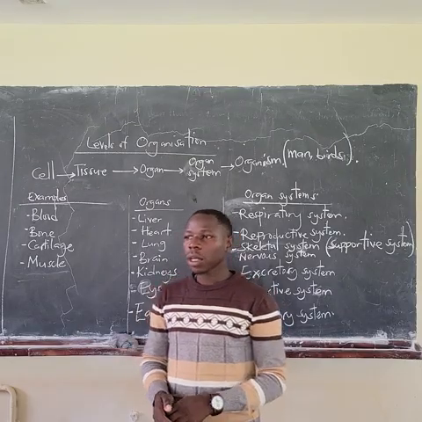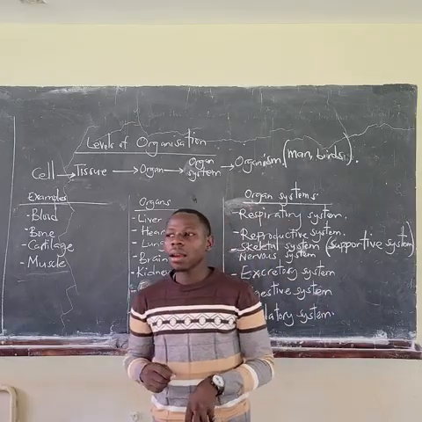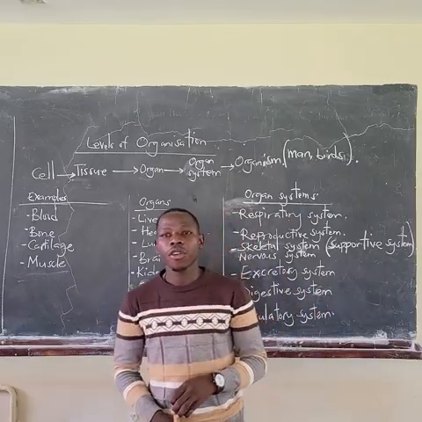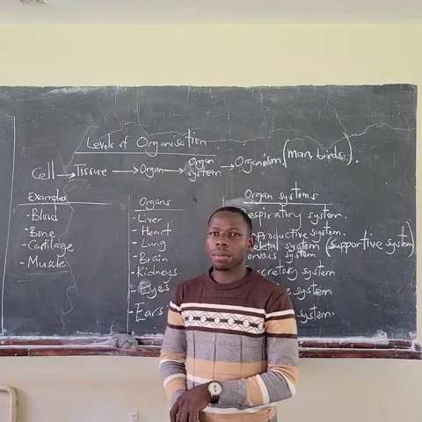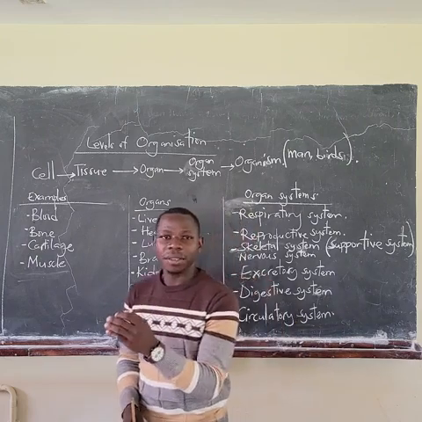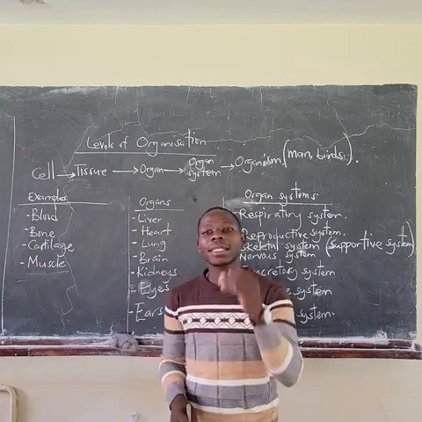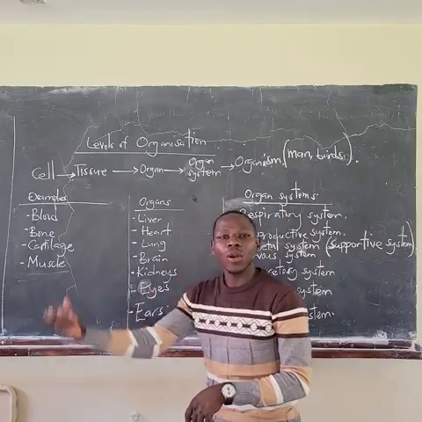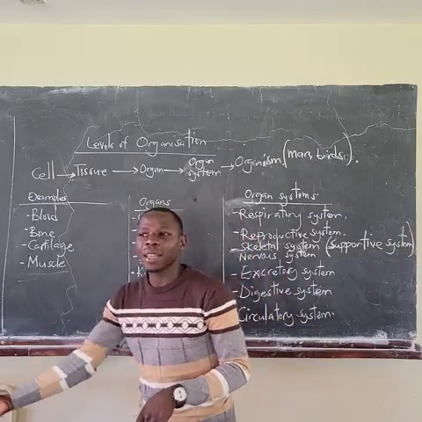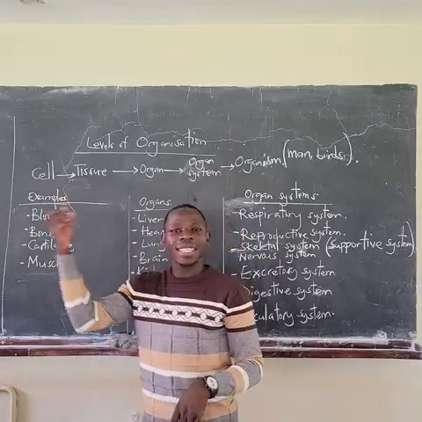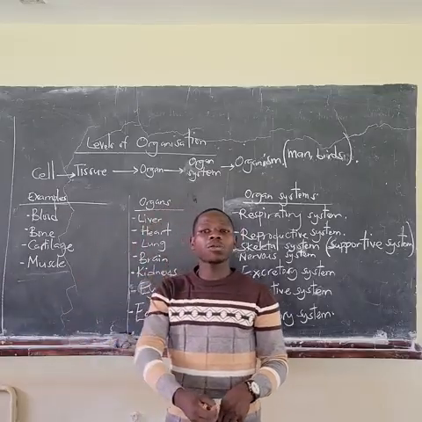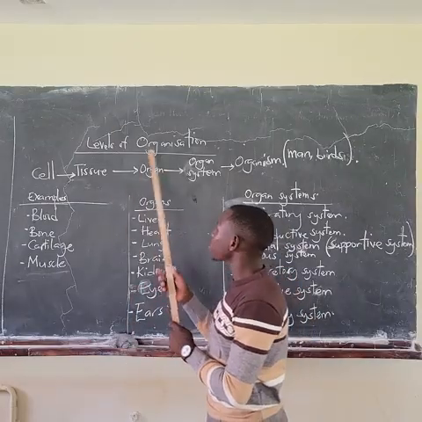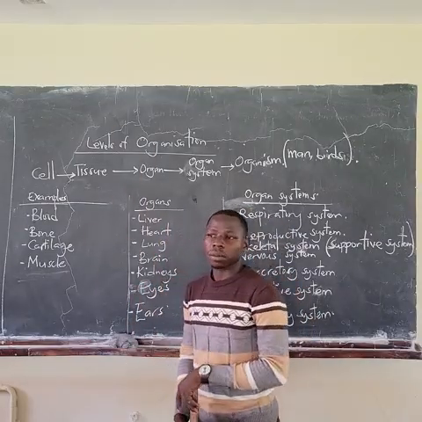Now, remember we said a cell is the basic structure and functional unit of life, meaning an organism is what it is because of cells. Now we are looking at how cells organize themselves, how cells collect themselves to come up with what we are calling an organism, and that is the levels of organization.